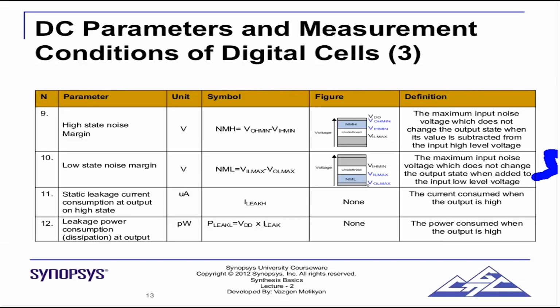Out of these DC parameters, what synthesis uses is this: if you want to enable multi-VT synthesis, that is, you want to choose the VT or do some power optimization, then Design Compiler will try to select between different VT devices. For critical paths which need to be fast, high frequency, high performance paths, it will typically use low VT cells. For all others, it will typically use high VT cells, so that it achieves a balance of power and speed.